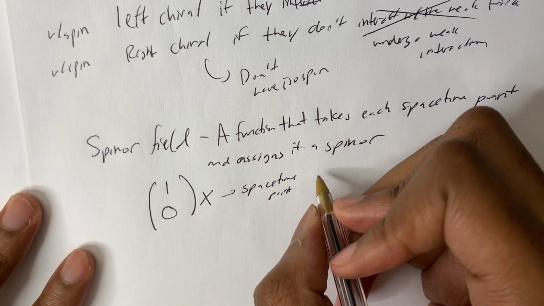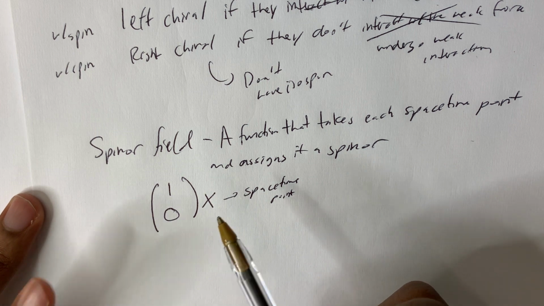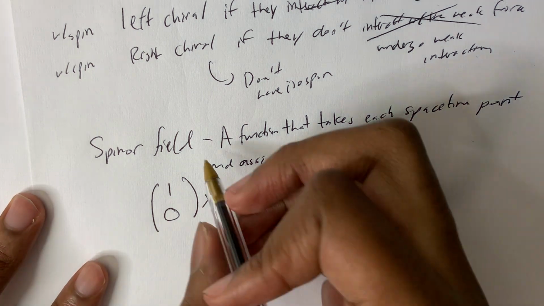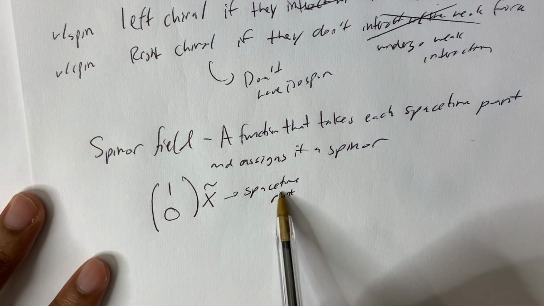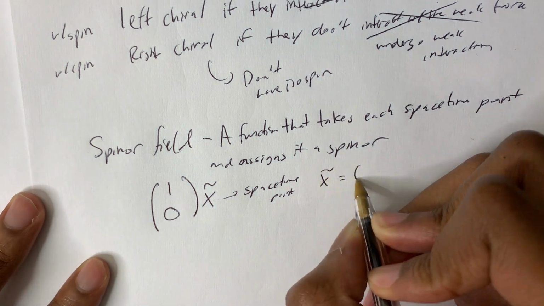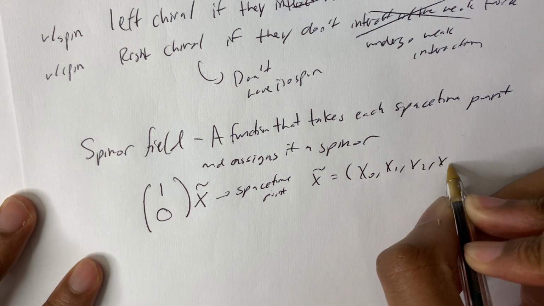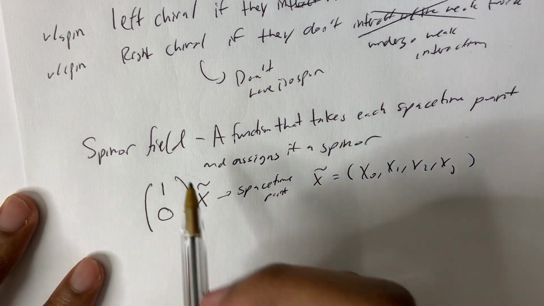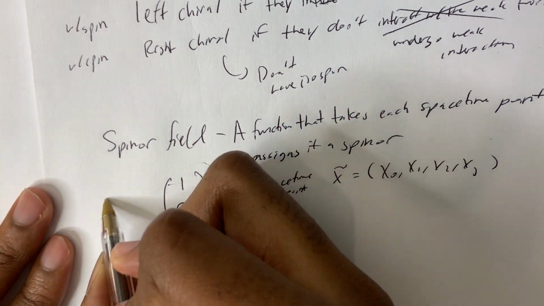I should probably use better notation here. Let's use x with a squiggly line on top, which means a space-time point, where x-tilde is just the row vector x0, x1, x2, x3. This is an example of a spinor field. Let's just call the spinor field psi.